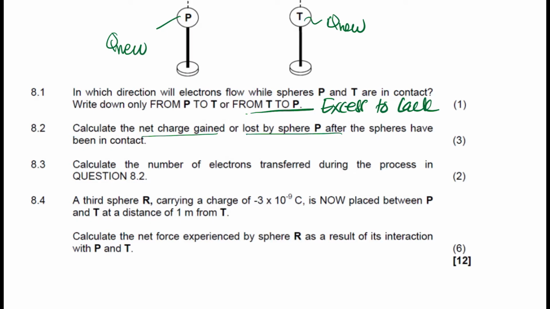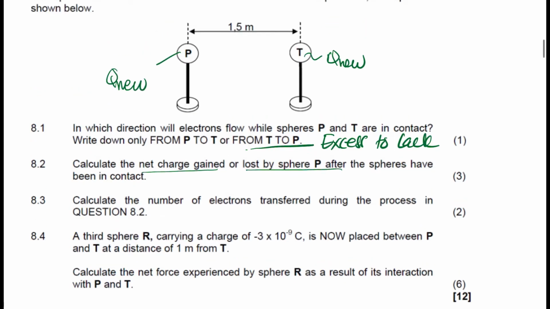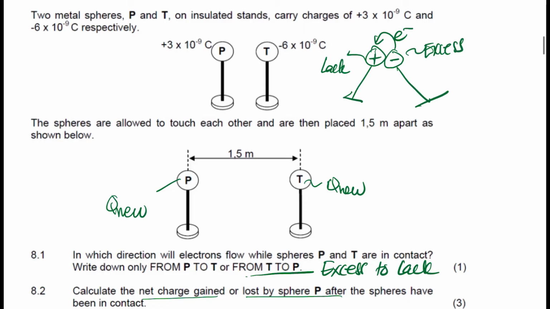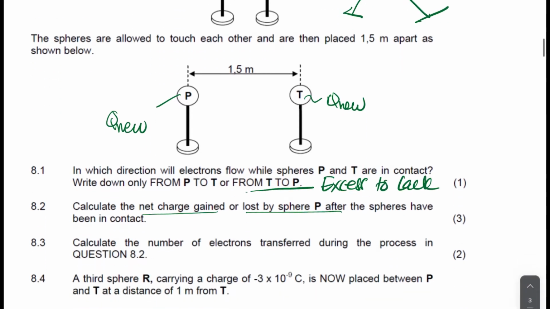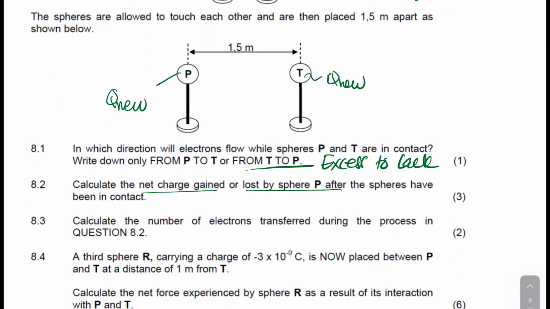Now 8.2 says, calculate the net charge gained or lost on the sphere. When they say net charge gained or lost on the sphere, we have to calculate the charge that is transferred from here to here, which means the group of electrons transferred. Before that, we have to calculate the new charge.